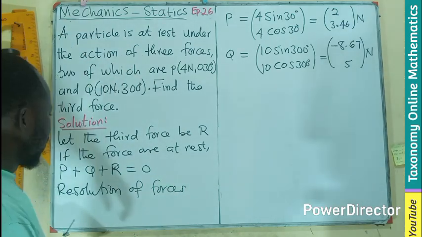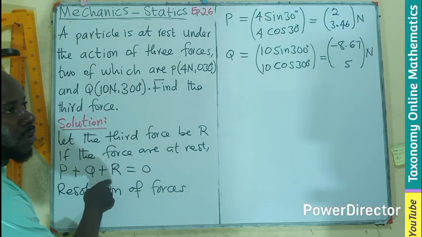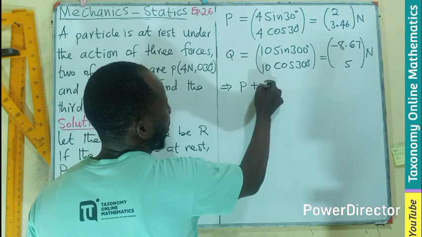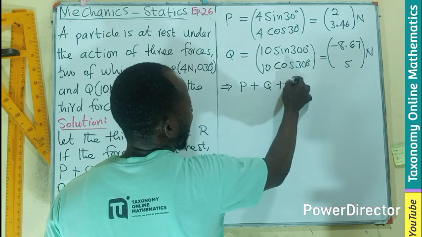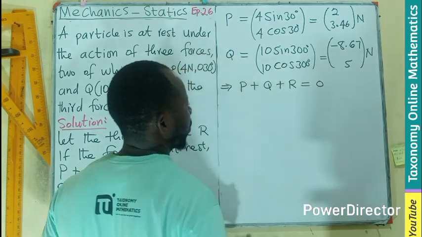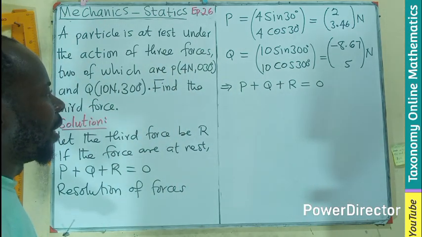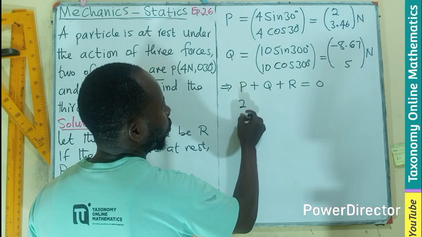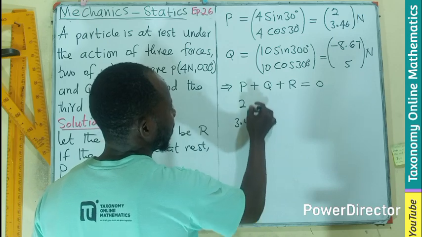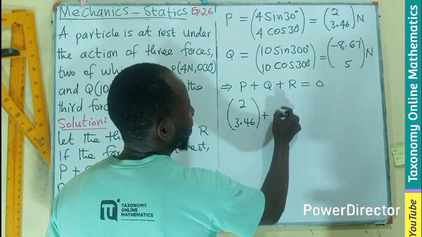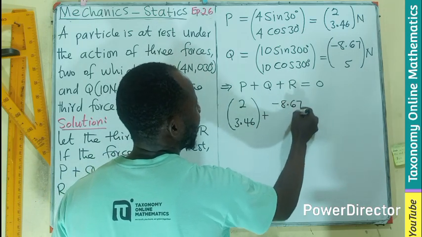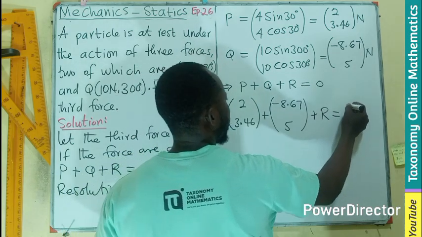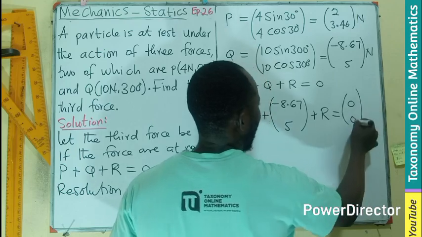Now remember, you are looking out for the forces in equilibrium. So if I have P plus Q plus R equals 0, I can rewrite all of them in their vector form, which will be (2, 3.46) plus (-8.67, 5) plus R equals, let's say, the zero vector.